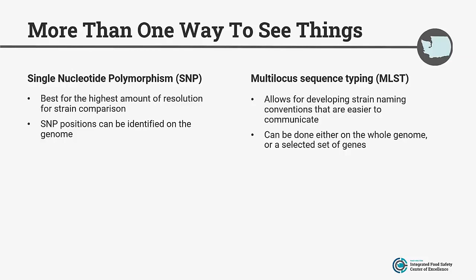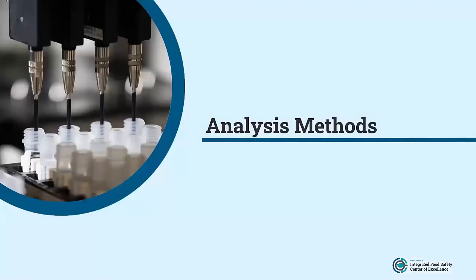The other one is multi-locus sequence typing, or MLST, and this allows for developing strain naming conventions that are easier to communicate. One example of this would be the allele codes from PulseNet. And then MLST can either be done on the whole genome or a selected set of genes. So we're going to delve a little more deeply into those analysis methods here.